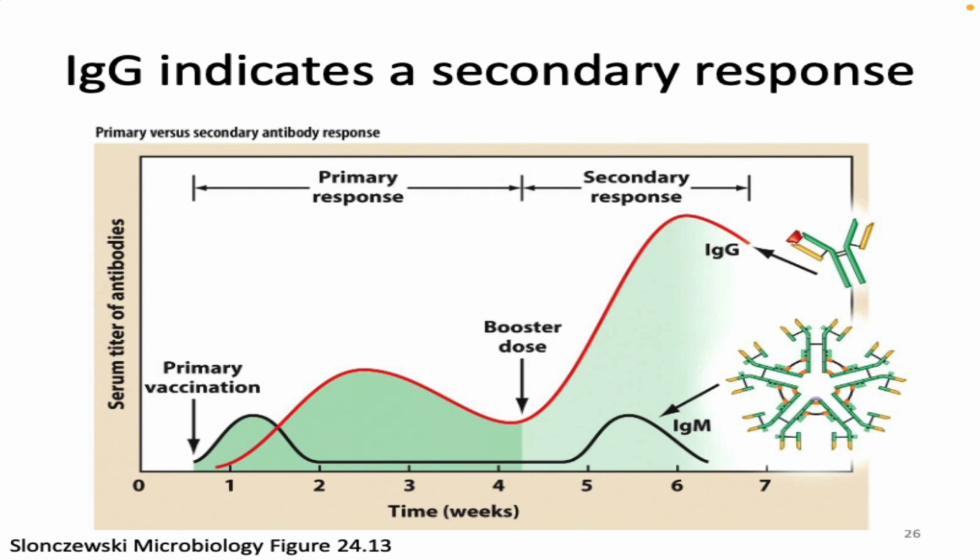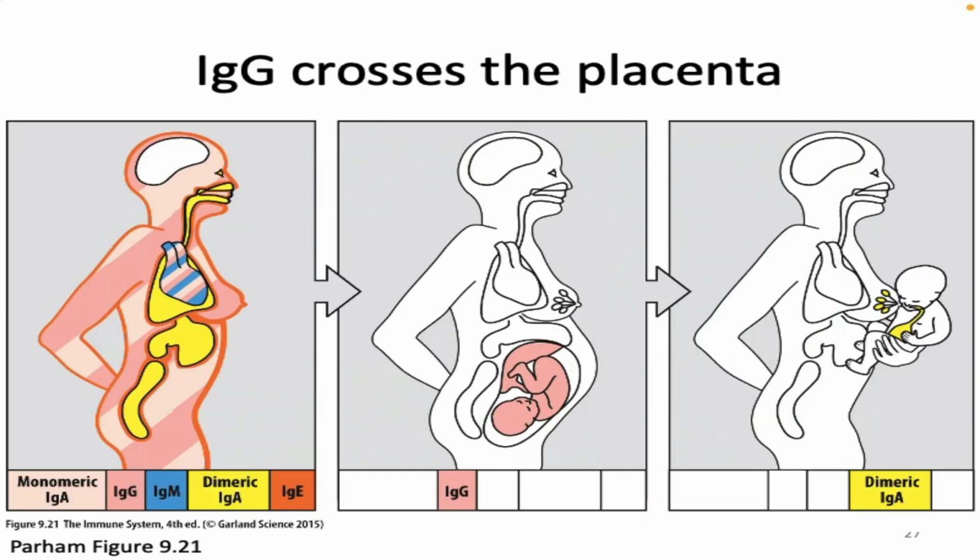Just like with IgA, IgG also can have a unique anatomic location. It's not its main anatomic location, but it's the only one that can go to this place. And that is across the placenta. So in most people, IgG is all through the blood and you've got lots of IgG.